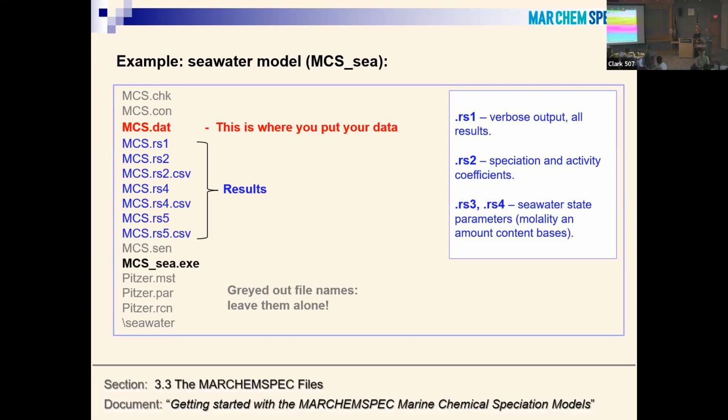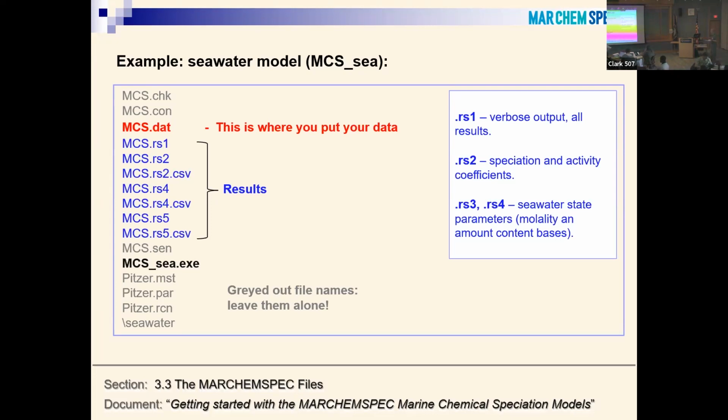If it's Linux or Apple, it won't have that extension. Then a whole bunch of files in blue, which are the results files. The files that are grayed out, you can forget about. Do feel free to look at them, but it's probably not a good idea to change them because the program does read them.